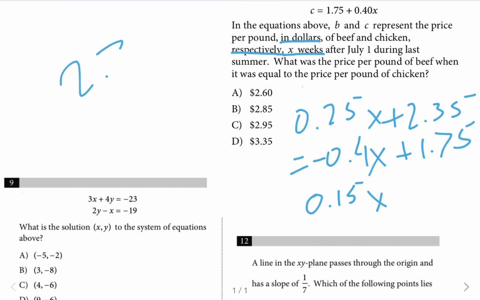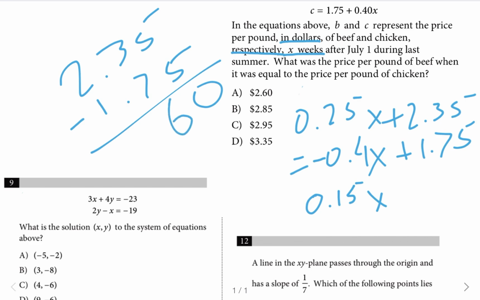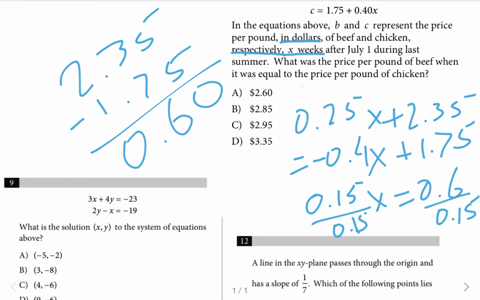So you get 2.35 minus 1.75. You get 0.6. So then when you get 0.6, you divide by 0.15. Then 0.6 divided by 0.15 is also equal to 60 divided by 15. And 15 times 4 is equal to 60. So our x value is equal to 4.